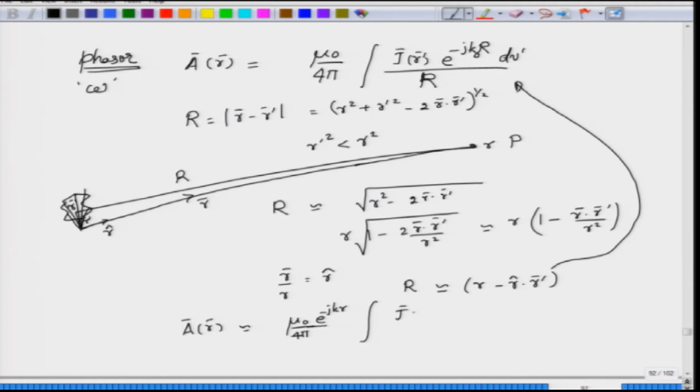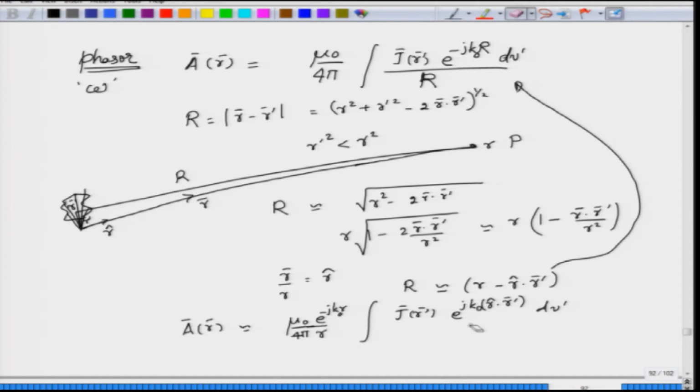So, I have this J of r prime, which is essentially the source that would remain, and then you have, sorry, this is k 0, you have e power j k 0 r hat dot r prime. Okay. Why is this e power plus j k 0? Because in R you have a minus sign here. So, I hope this part is fine. Integration over volume is also fine, but in the denominator, instead of writing this as capital R, I wrote this as a small r, and because the integration is not with respect to the volume, I pull this r out and write it outside the integral.